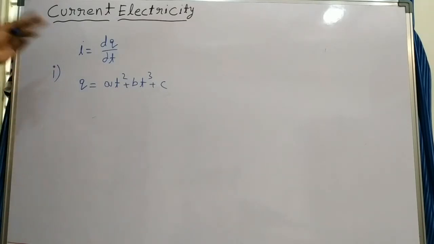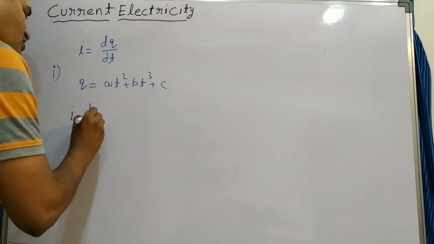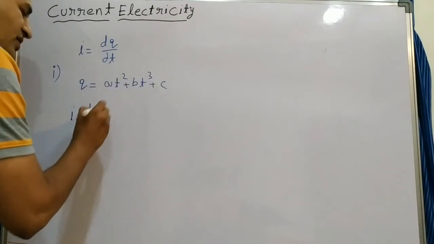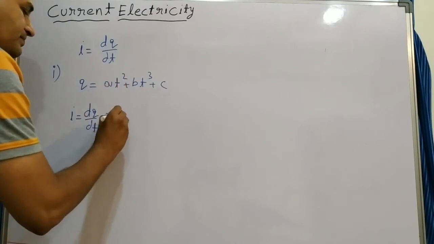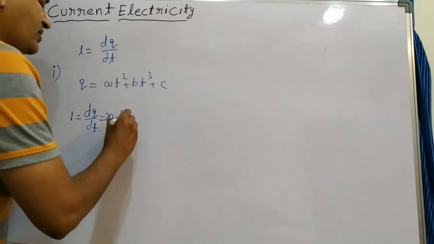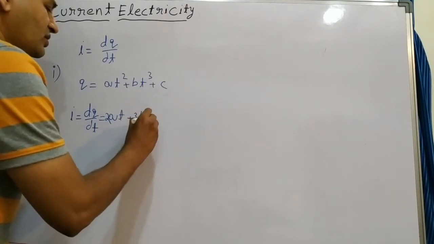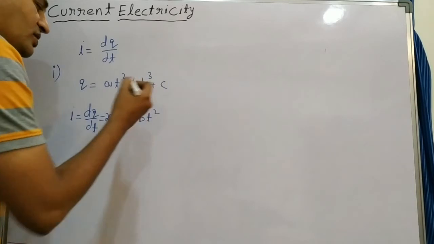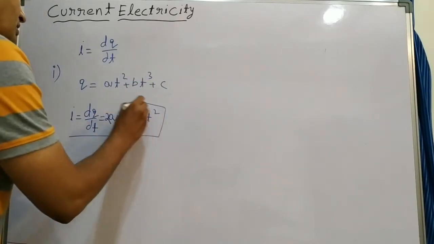Then how to calculate current? Current I is equal to the differentiation of charge, so differentiate this: a is constant, t square differentiation is 2t, and b constant, and t cube differentiation is 3t square, and constant differentiation is 0. That gives us the current equation.